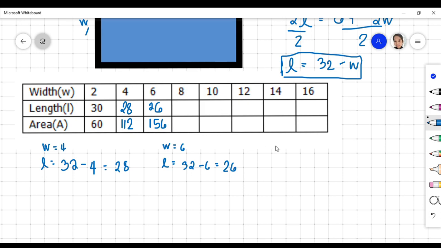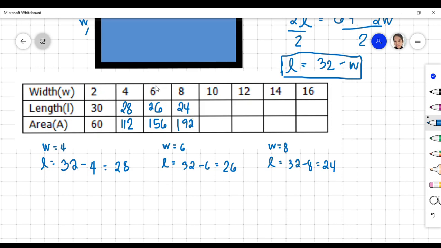Next, if the width is 8, then the length is 32 minus 8, and that is equivalent to 24. So let's write here 24. And 24 times 8, and that is equivalent to 192.